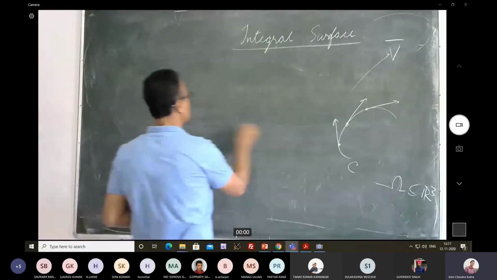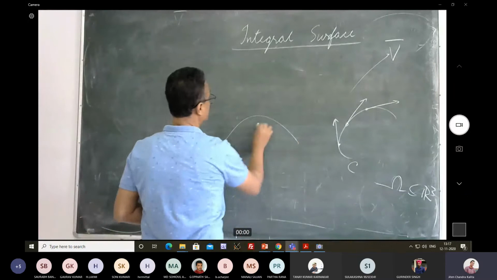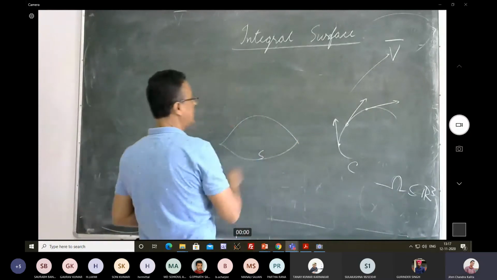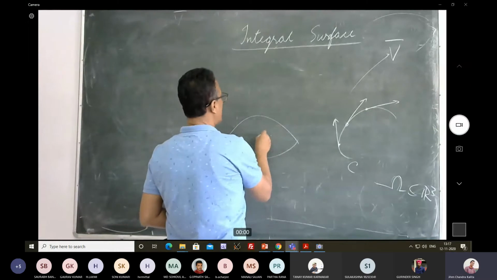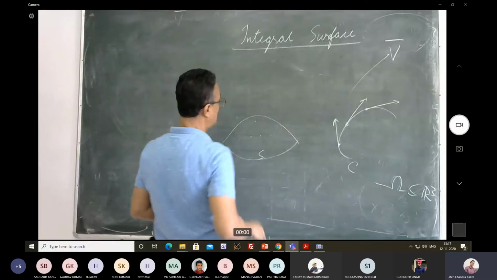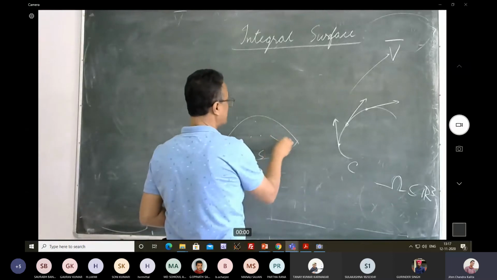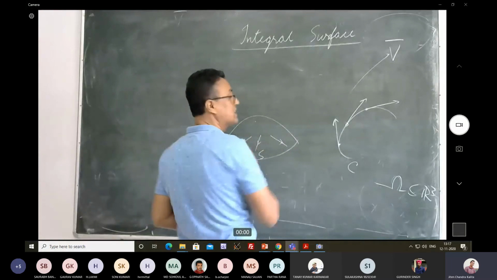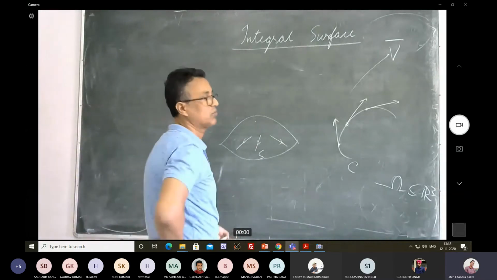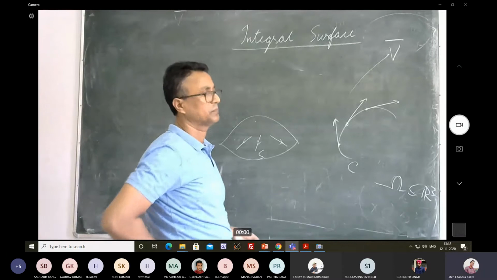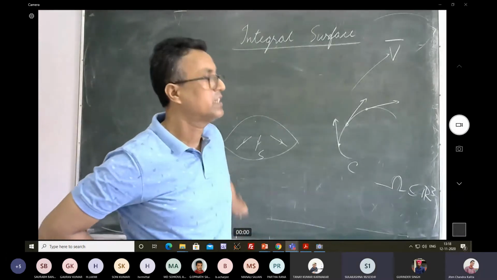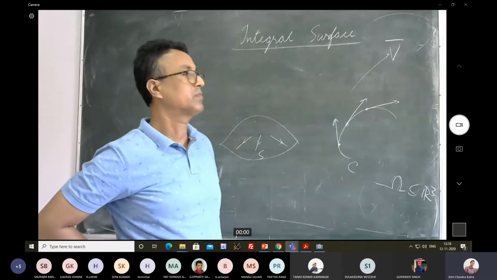Here, again, the same concept. Suppose I have a surface S, then if at each point on this surface V is a tangent vector, then we say that this surface S is an integral surface corresponding to the vector field V.